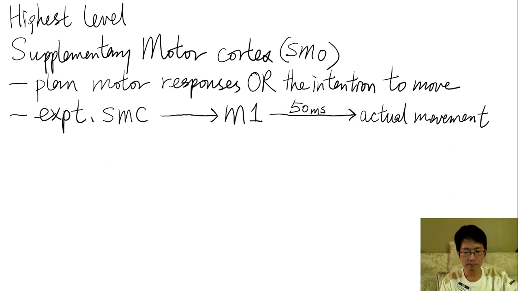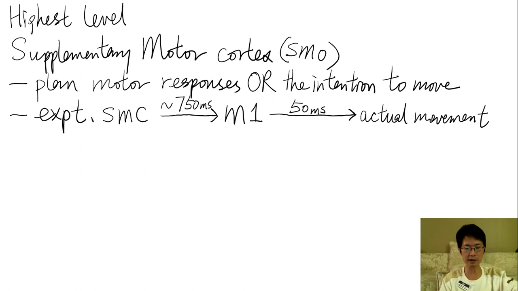Supplementary motor cortex is actually approximately 750 milliseconds before the activation of the M1. In other words, the activation of the supplementary motor cortex before the actual movement is approximately 800 milliseconds.